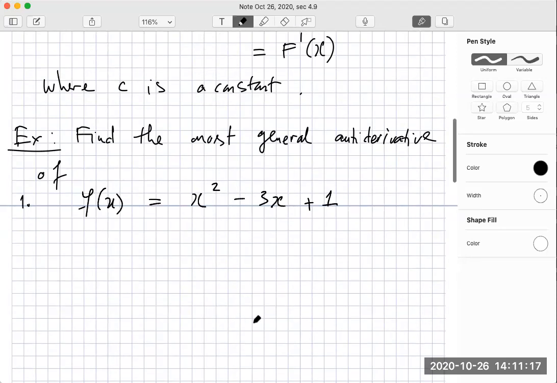So what is the antiderivative of f of x here?